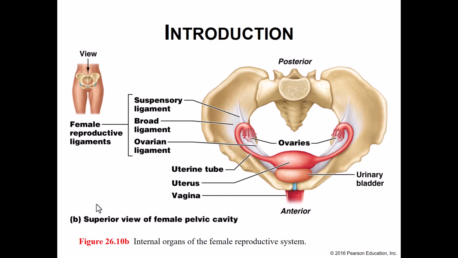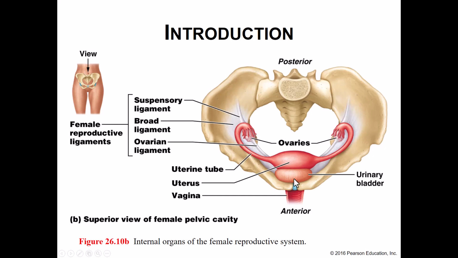Here's another depiction of how the uterus sits in the pelvic cavity. And so here's the uterus. You have the paired uterine tubes coming off either side, the fimbriae surrounding the ovaries held to the uterus with the ovarian ligament, suspended to the pelvis with the suspensory ligament, and then we have this sheet-like ligament, the broad ligament, that holds multiple parts of the female reproductive tract into place.